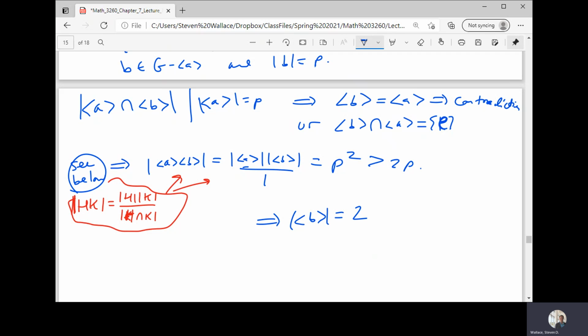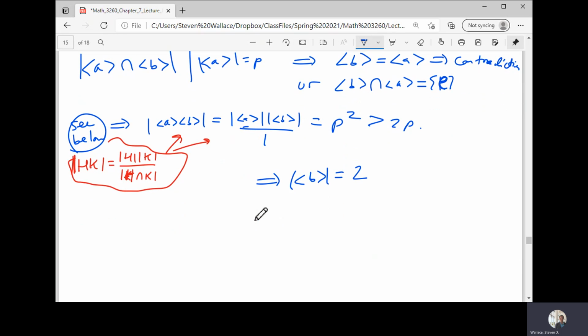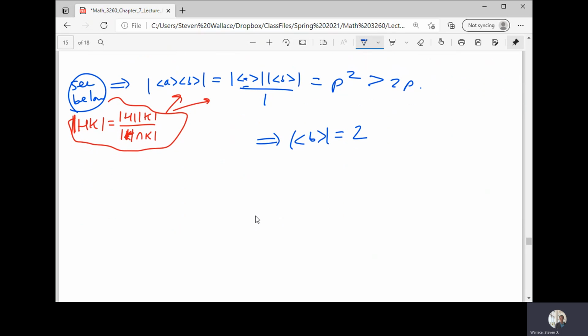So that means there must be an element of order 2. And so G contains an element of order P and an element of order 2.